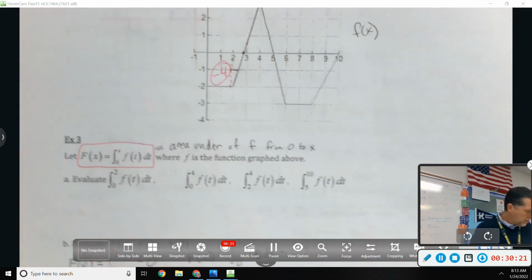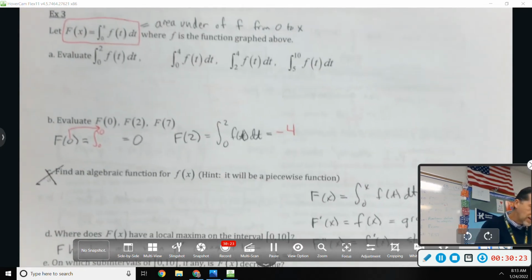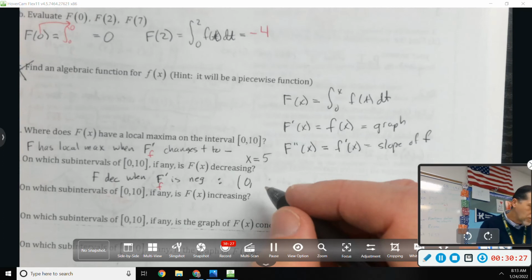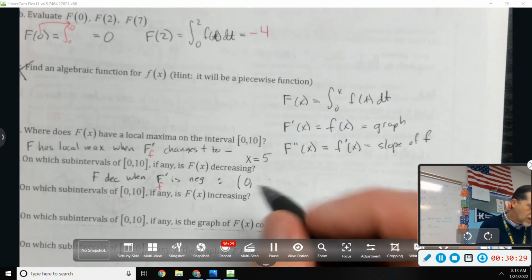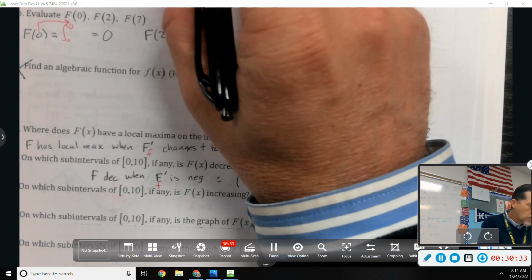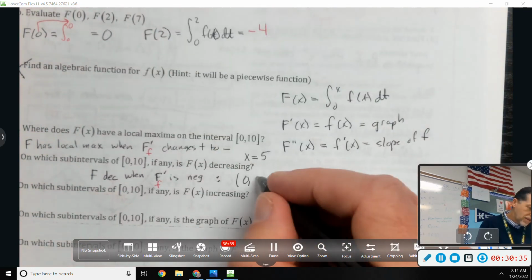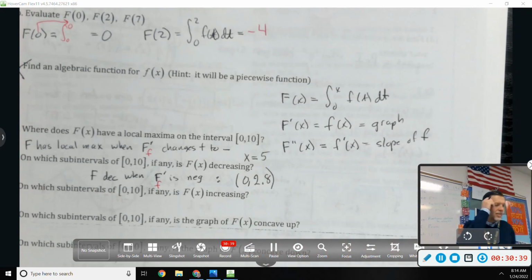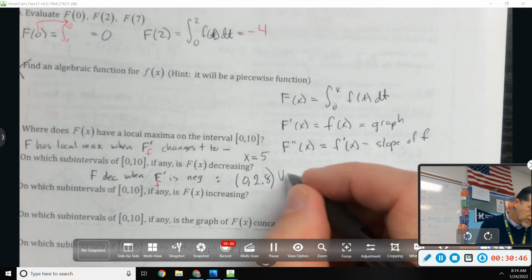I think it's 0.8 because it doesn't land on the. Or is it 0.6? That is for sure 0.8. So 0 to 2.8. I don't like that it doesn't land evenly. It makes us do extra work. And then from where else? 5 to 10.